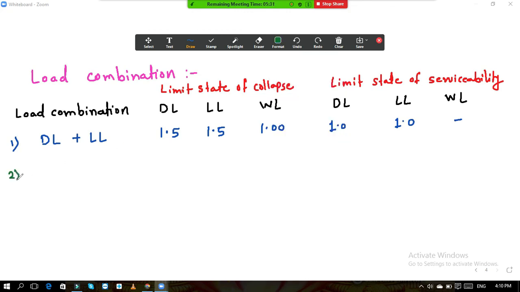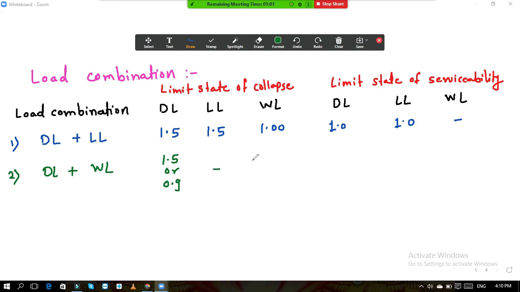The next combination is dead load plus wind load. Here it is 1.5 or 0.9, depending upon the condition the factor is used.